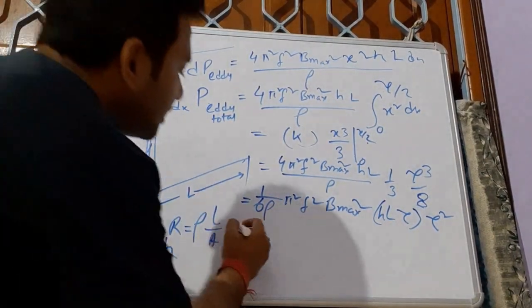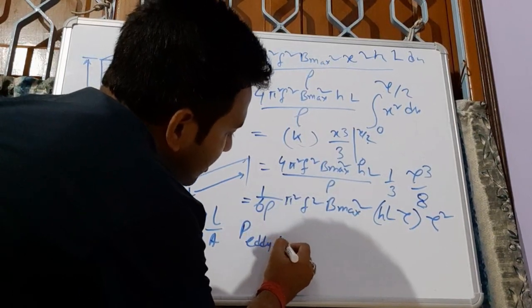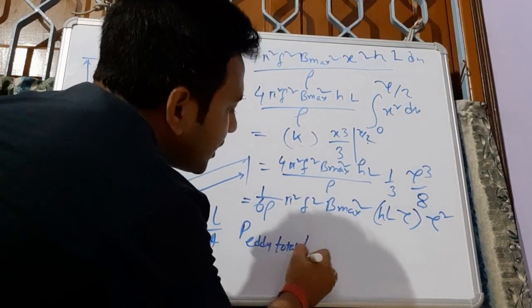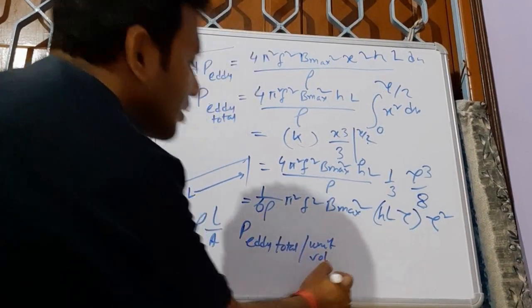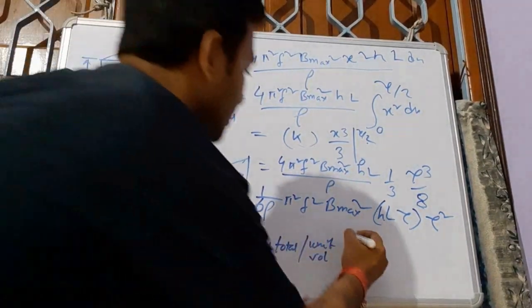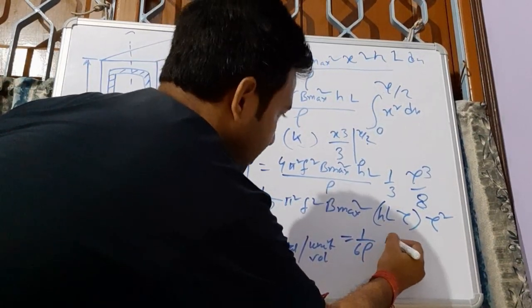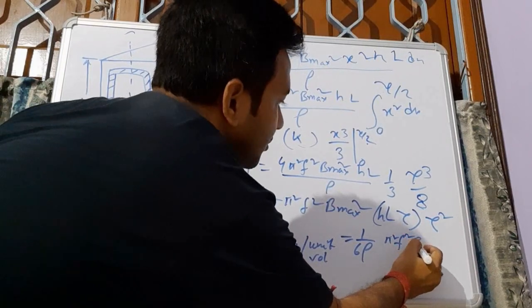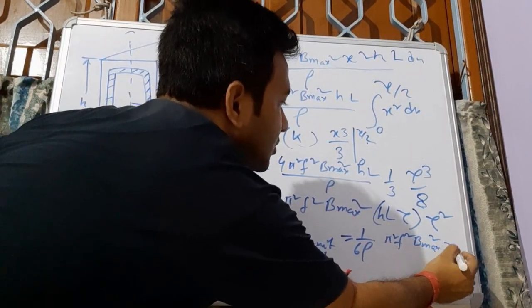So PAD total per unit volume is 1 by 6 rho pi square f square B max square tau square.